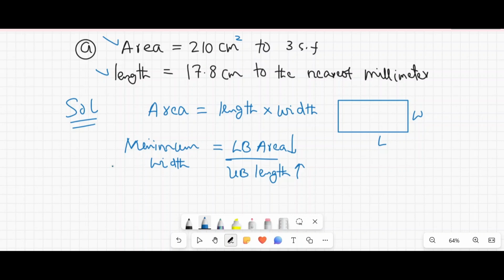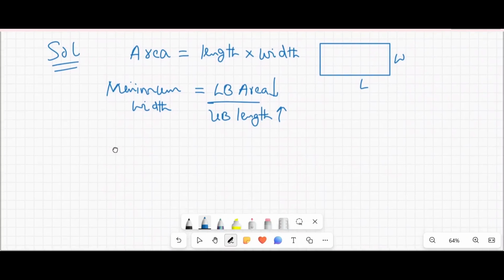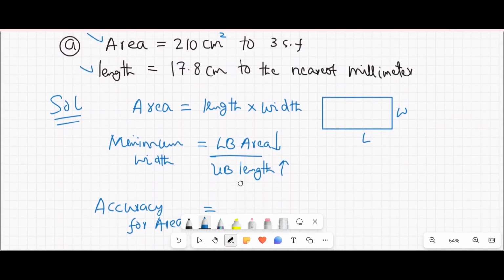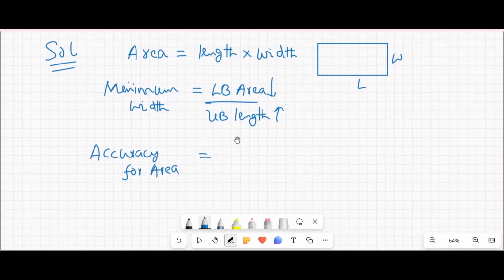So now we will find the accuracy for the area, no? So the accuracy for the area is equal to three significant figures.